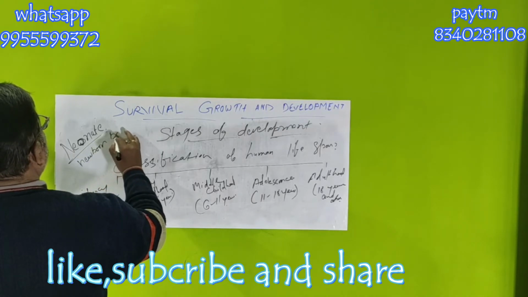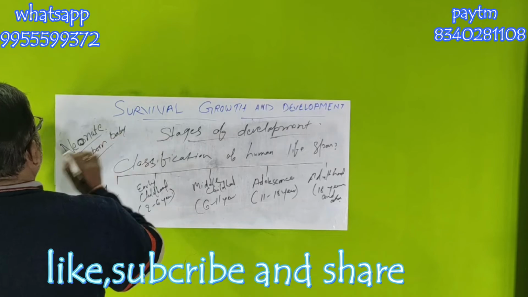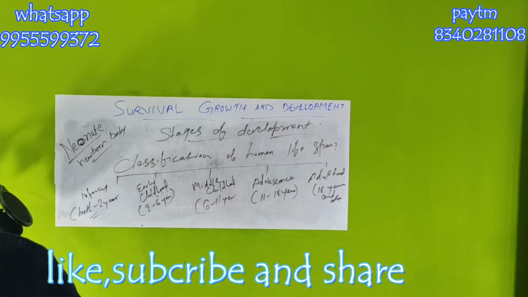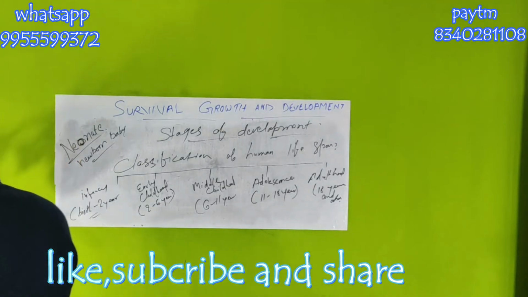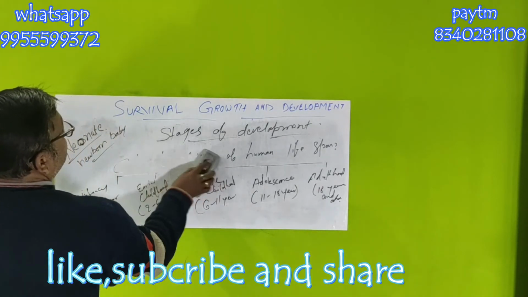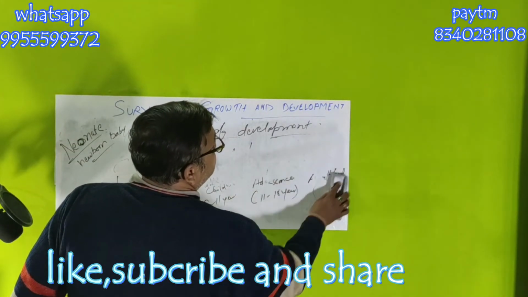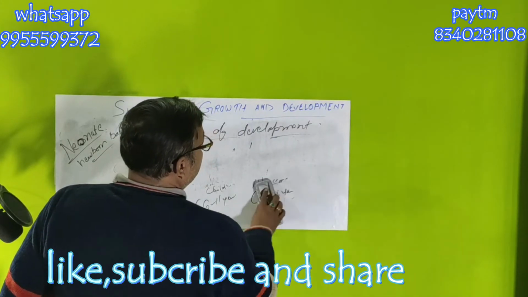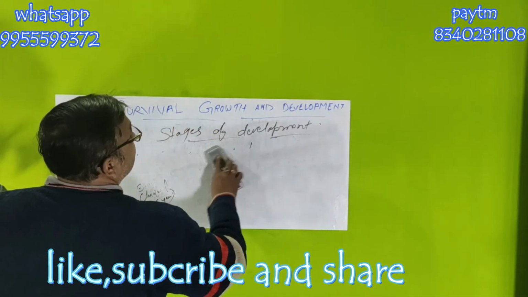A newborn baby is called a neonate. The neonate stage is the first month of life. In this we can find the reflexes of the baby, what he is looking at, what he is seeing.